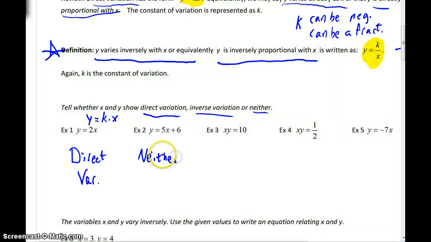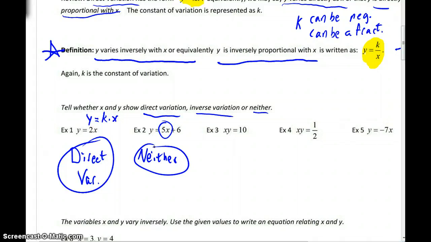It's very tempting to think that it's actually direct variation because there is a multiplication of 5 times x, y equals 5 times x, but there's more. There's an addition of a plus 6. We can't have that. So if we have direct variation in its simplest, purest form, it's y equals some number times x, and that's it, nothing more.